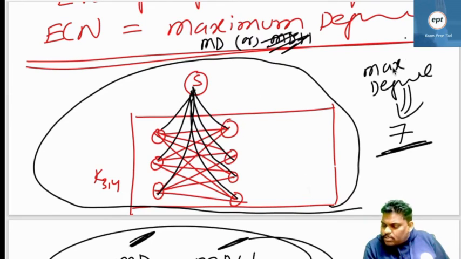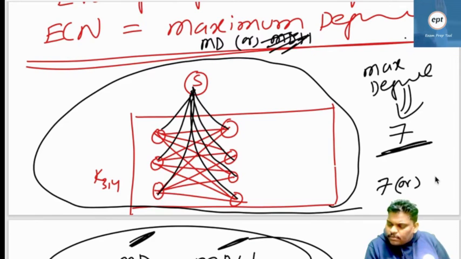See this one. Maximum degree 7 means answer is 7 or 8. Now can you help me? In this graph, it is not complete, it is not cycle, it is not bipartite also.